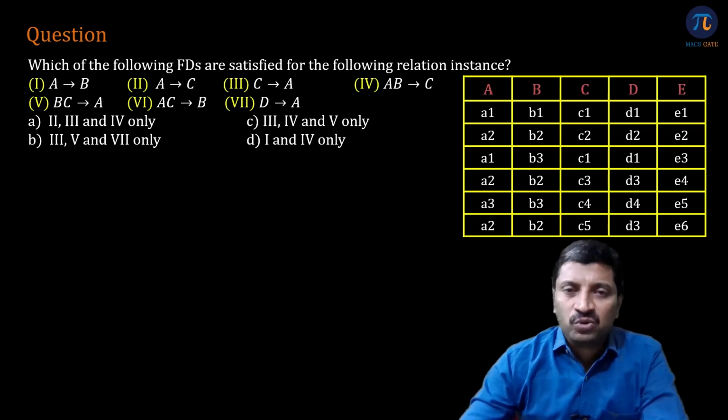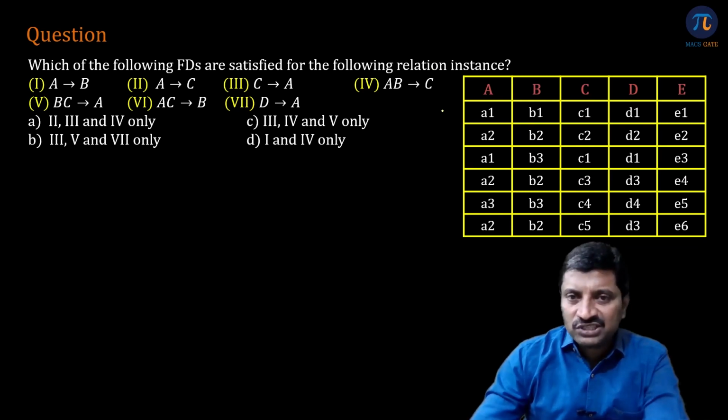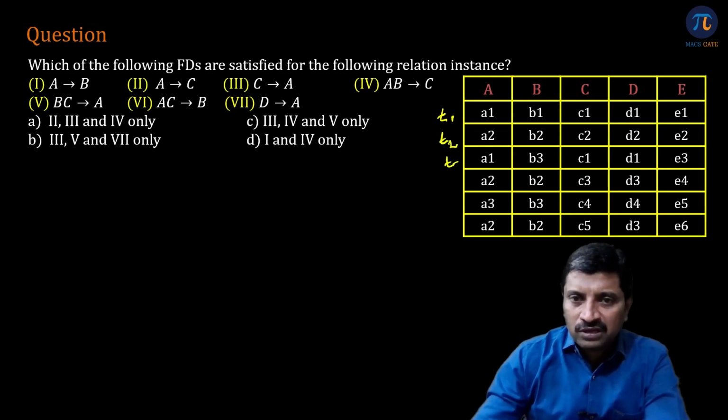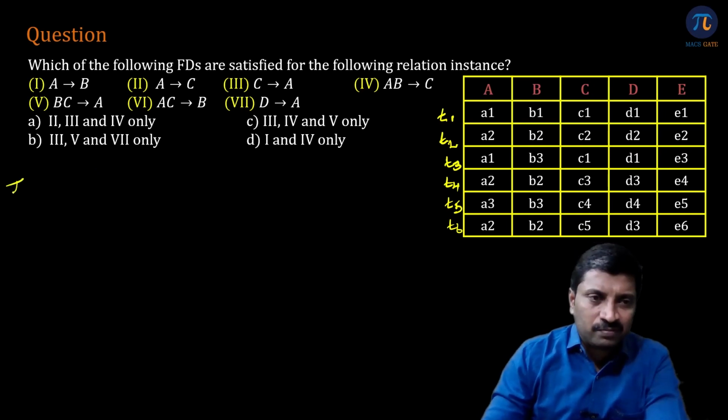Let us solve some more questions. Which of the following functional dependencies are satisfied for the following relation instance? I think we have 6 records, sir. So let us give the names T1, T2, T3, T4, T5, T6. Now let us verify each of these functional dependencies one by one.